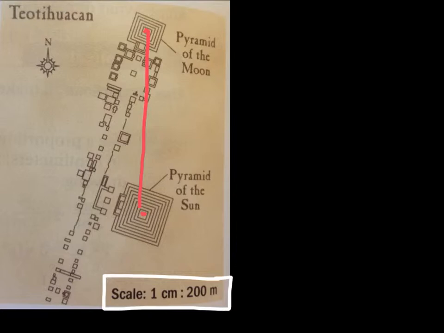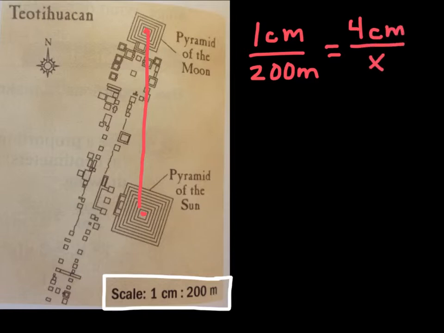Let's begin with the scale, which is 1 centimeter to 200 meters, and set that equal to the distance on the map, which we said was 4 centimeters, over x, the actual distance. Now we use what we know about cross products to get x being equal to 800 meters. So were we to visit the actual site, we'd have to walk 800 meters to go from the center of the pyramid of the sun to the center of the pyramid of the moon.